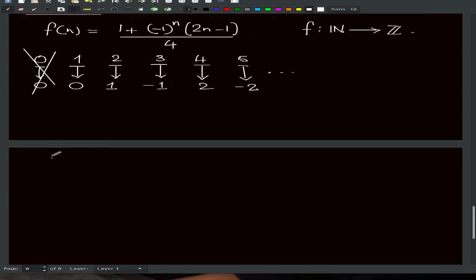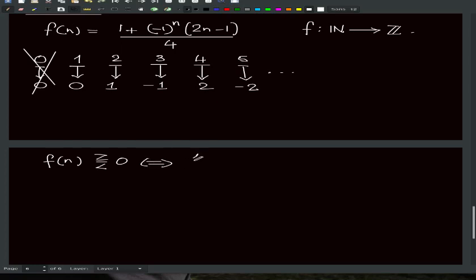So let's see when Fn is greater than, equal to, or less than 0. This means 1 plus minus 1 to the power n times (2n minus 1) divided by 4 is greater than, equal to, or less than 0.